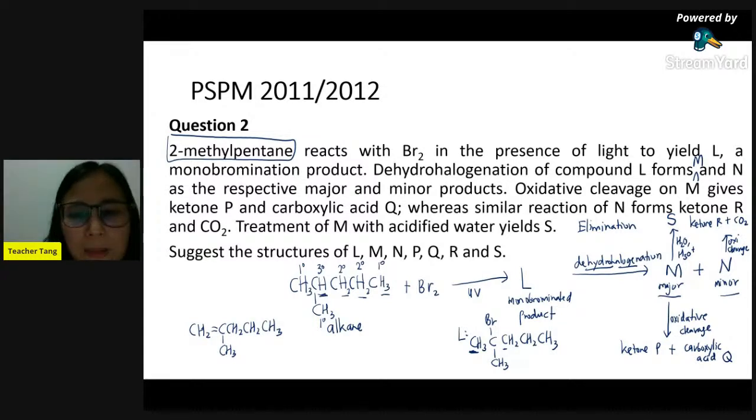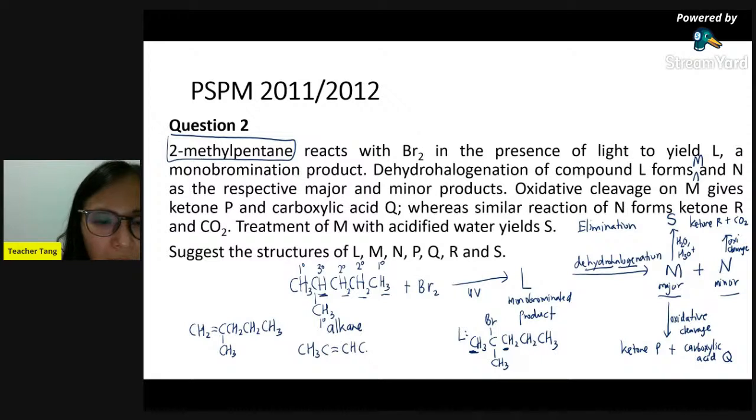If you eliminate the hydrogen from the third carbon, then your double bond will form between the second and the third carbon. So you will get CH3, C double bond CH, CH2, CH3.